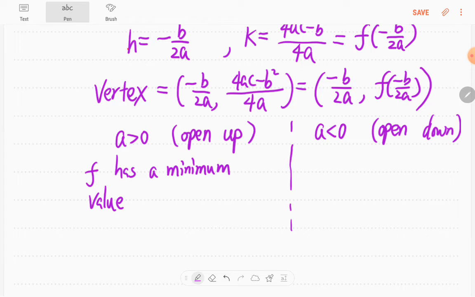The f value is the y-coordinate of this vertex, so the minimum value is (4ac minus b squared) over 4a. Or the minimum value is f of negative b over 2a, at x equals negative b over 2a.